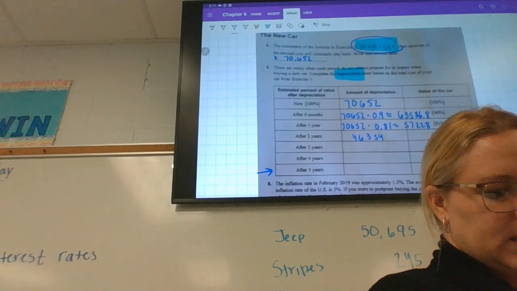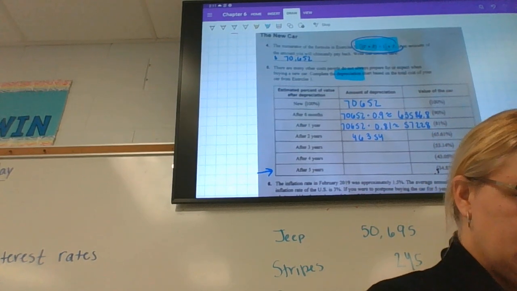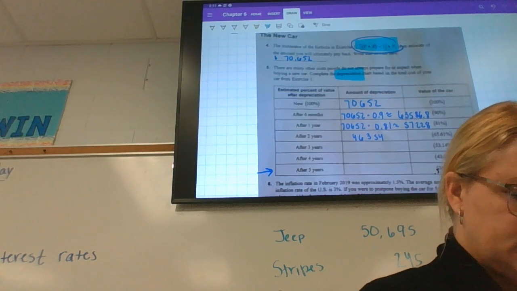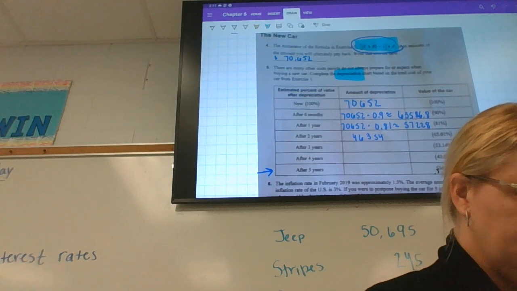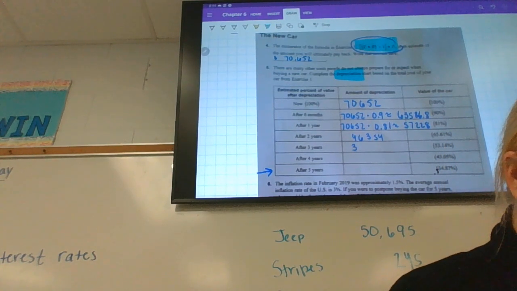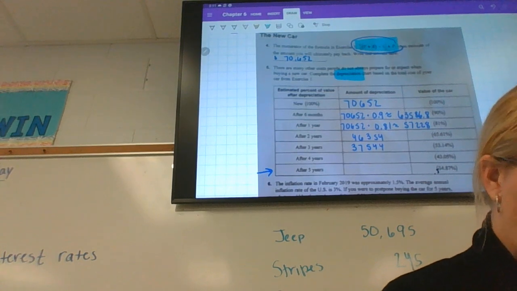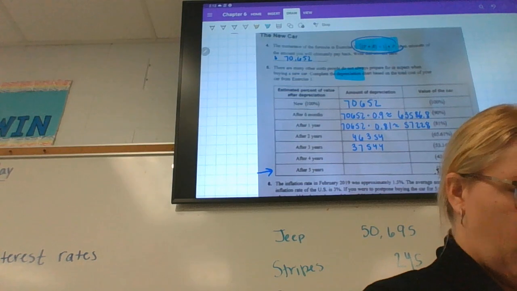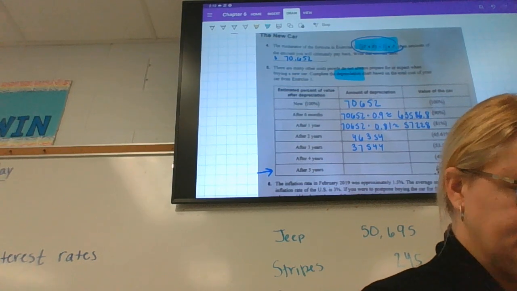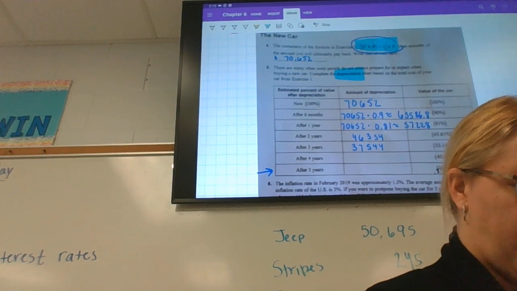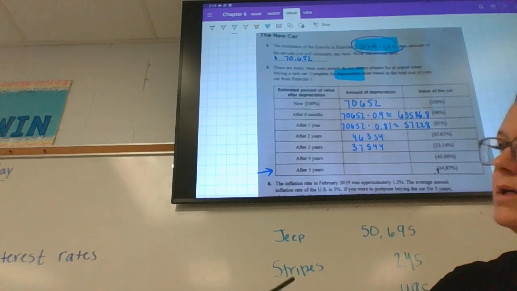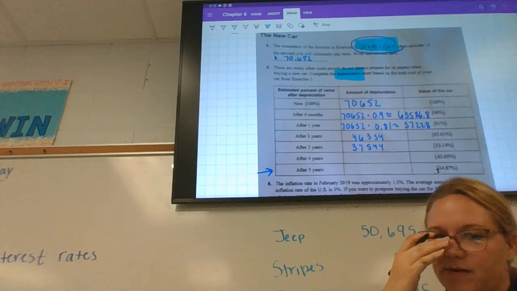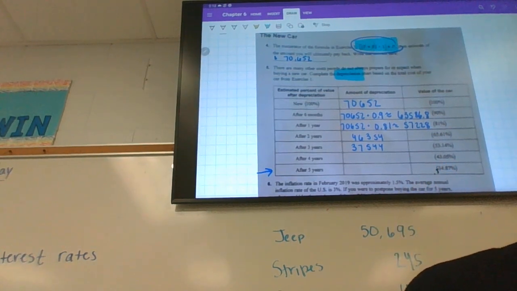That's what I think a truck really costs right now. I guess we just look this up. Yep. You multiply by 0.6561. You're moving the decimal 2 places.